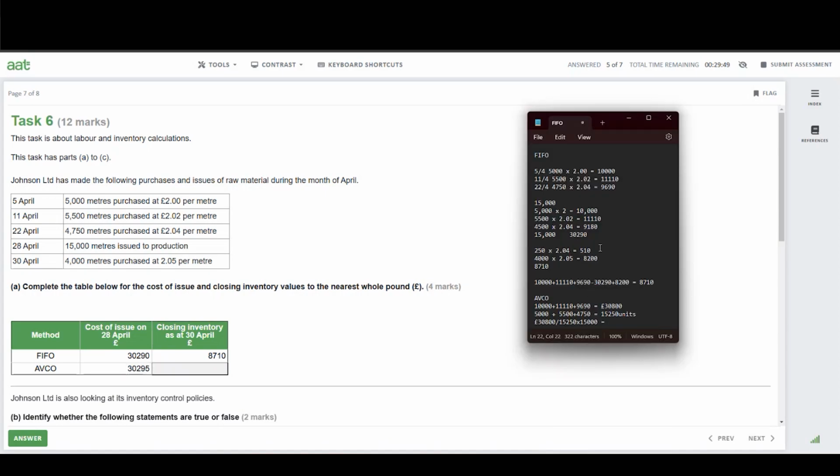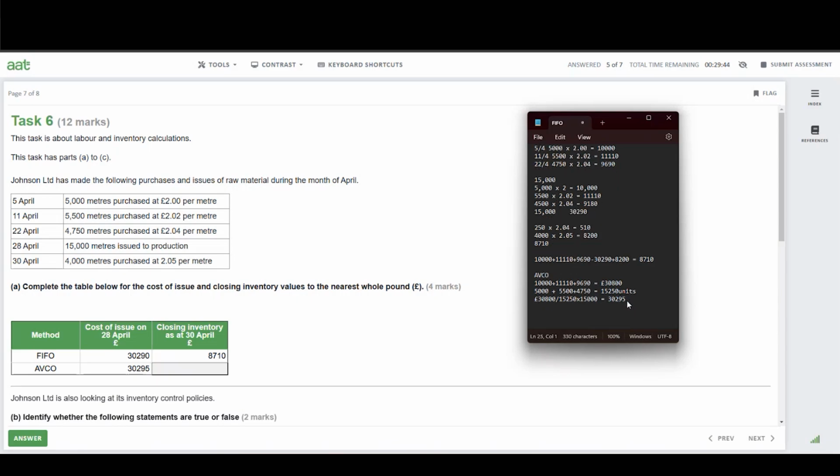Okay, we still need to calculate the closing inventory. So we know before the issues were made the inventory that was in stock was 30,800. And we know that we received a further 4,000 at £2.05, don't we? And we calculated the cost of that earlier on, so we put that in here.